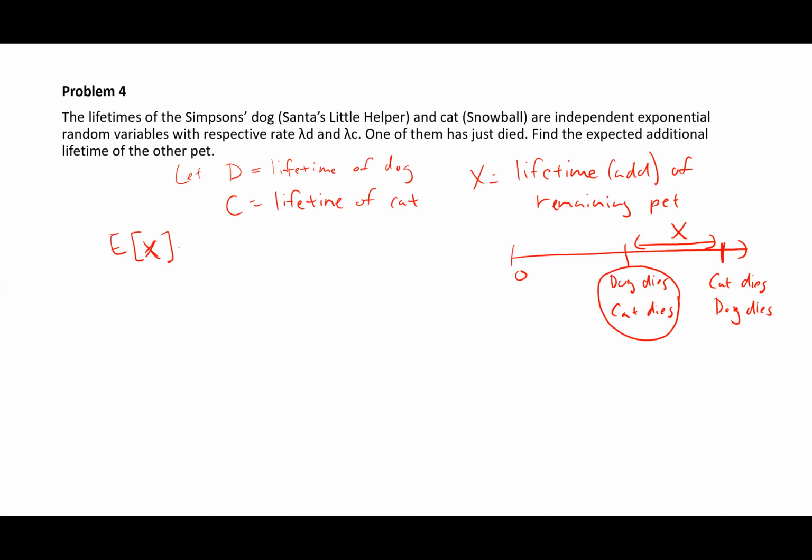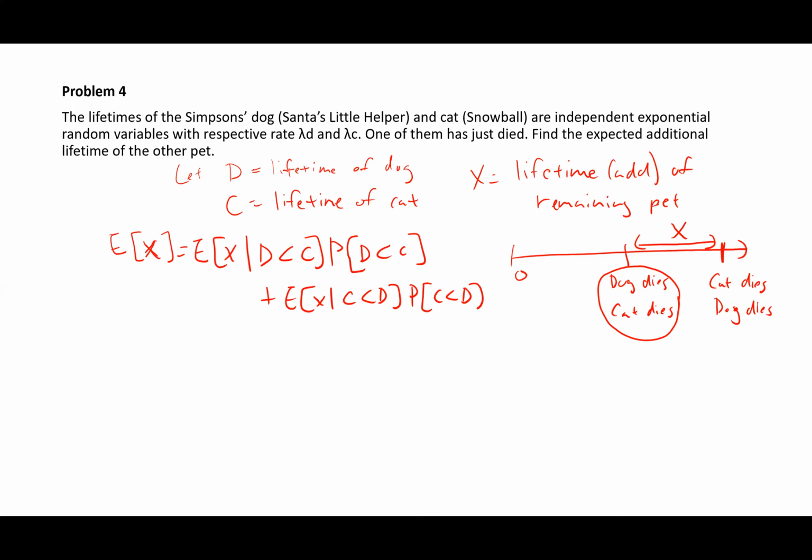So the expected value is going to condition on this first event. What happened first? This will be the expected value of X given that D died first, and the probability of D dying first, plus the expected value of X given the opposite case, the cat dies before the dog, and the probability of that event occurring.